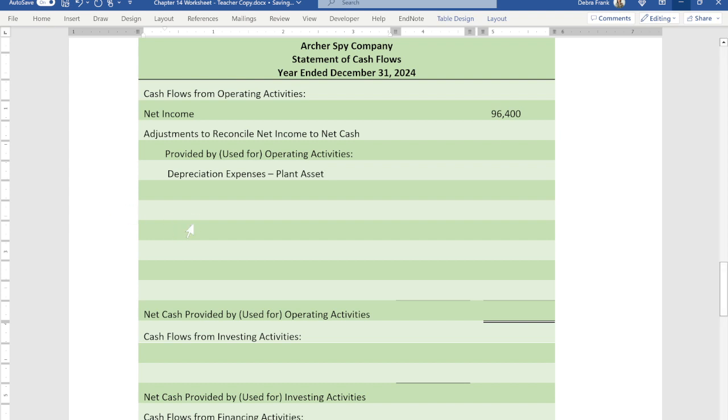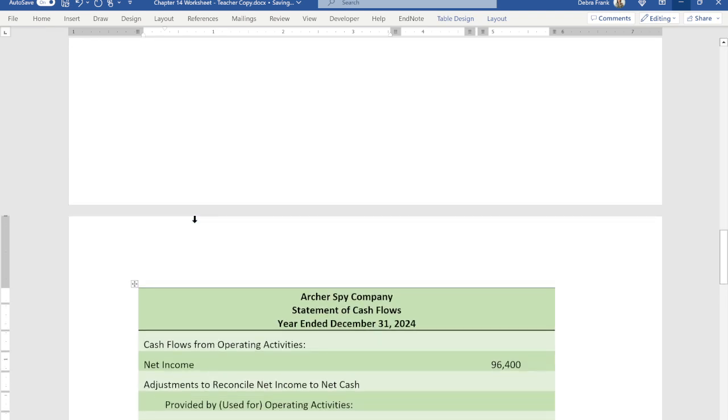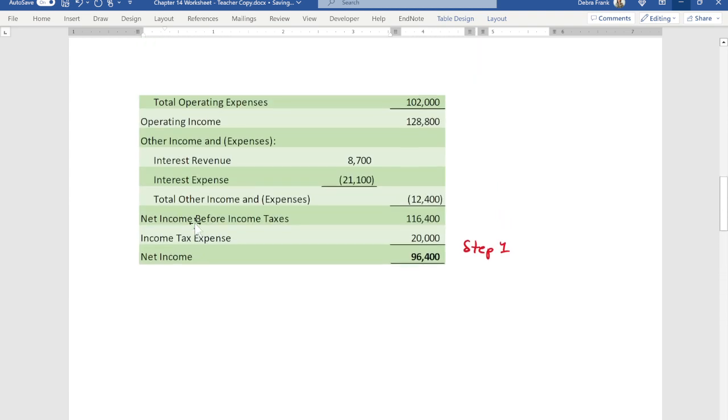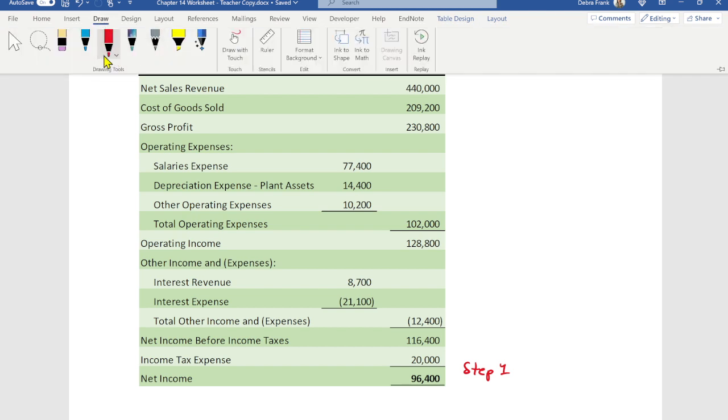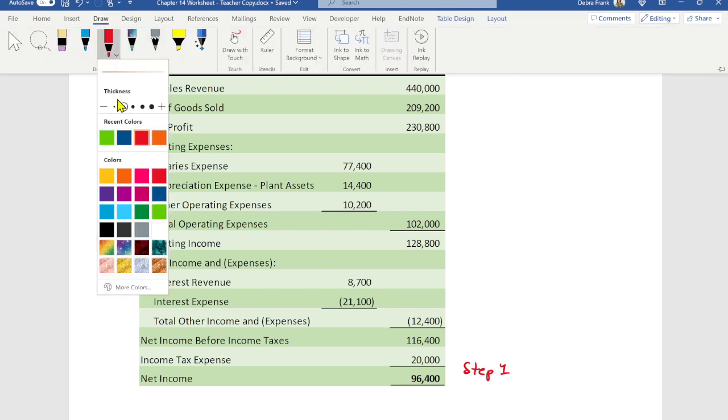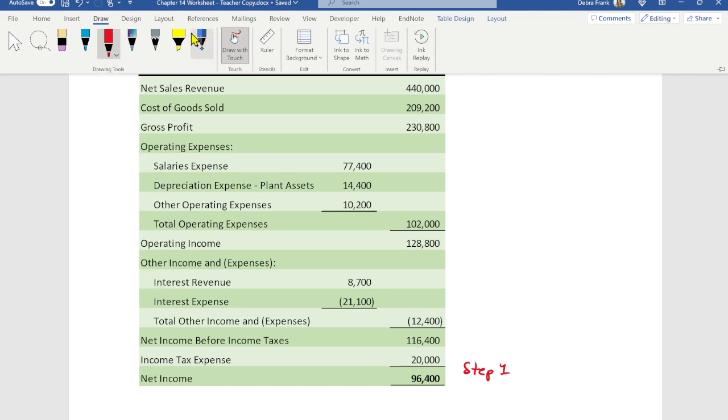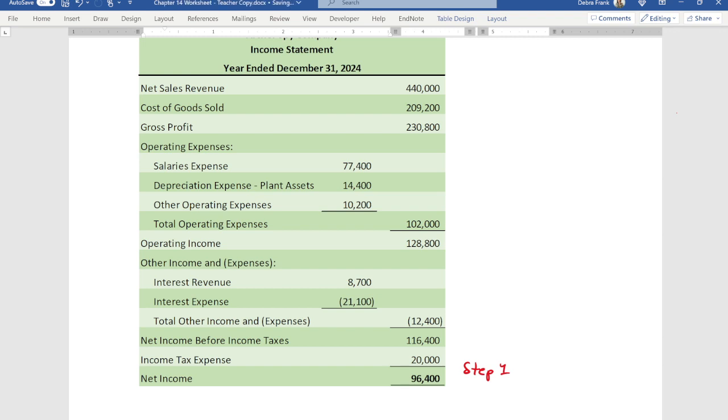All right, so let's go back up to that income statement and take a peek at it. And we can see there that we do have on our income statement some depreciation that we'll need back. So we're going to add that back. I noticed that my pen was just a little too thick there, so let's just use a better one. All right.